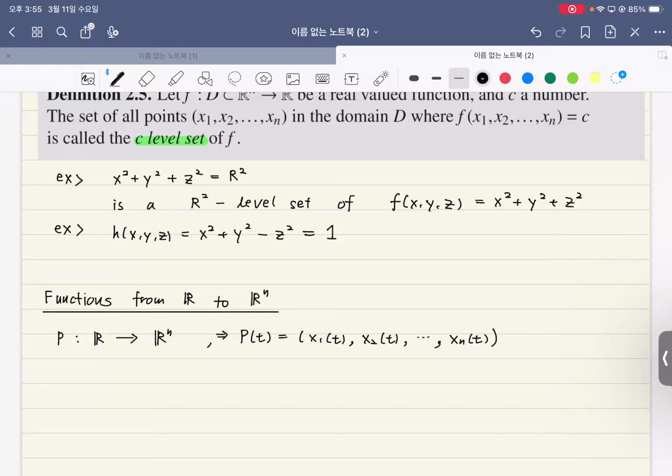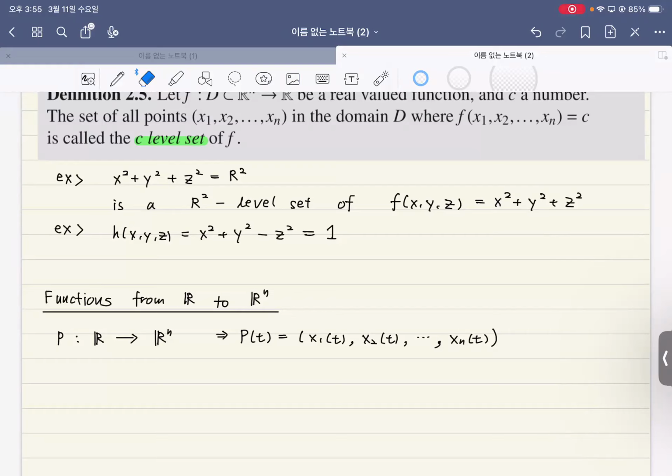Now, what is the best way to visualize or interpret this function? There are many different ways to interpret this, but the best way is to interpret it as a curve. More precisely, we can interpret this as a parametrization of a curve. What does that mean?